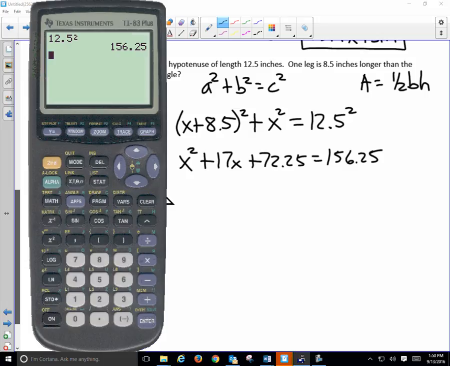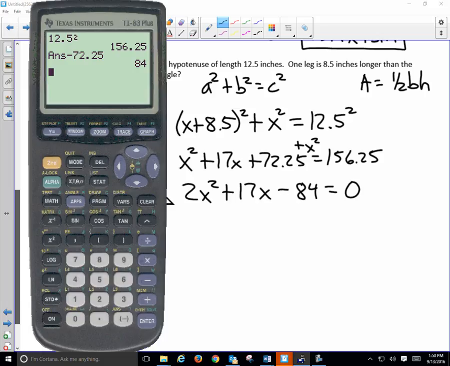And now, right now, you're kind of angry because you don't like the fact. Oh, I forgot this plus x squared in there, didn't I? You don't like the fact you got these decimals, right? It works out beautiful, doesn't it? We subtract that 156.25 over to the other side, and we'll get a negative 84. Because I like the zero product property. Zero product property is useful to me. Does it factor?